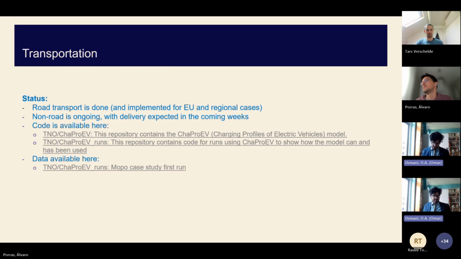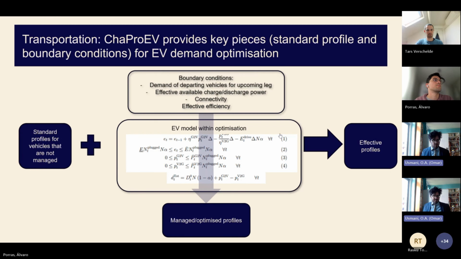Once you have a demand, you have to satisfy that demand in a certain way, and that's where you compute the charging modules. If you go to the next slide, I'll explain that a little bit more. What we provide is two types of profiles. One is standard profiles for vehicles that are not managed by the network operators.